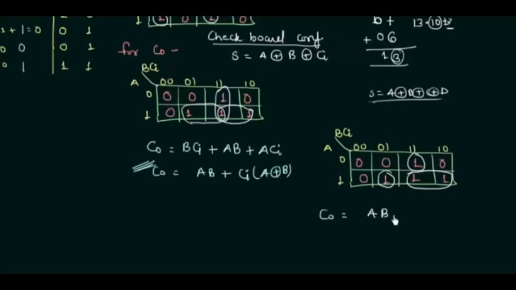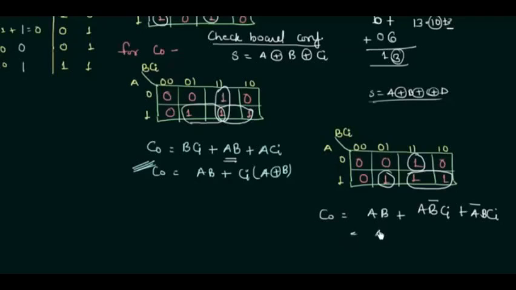I have A B from this group, definitely, like we got in the previous case, and A B complement Ci from this one. Similarly, from this one I'm going to get A complement B Ci.